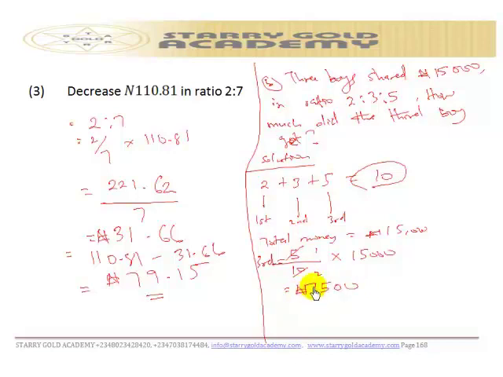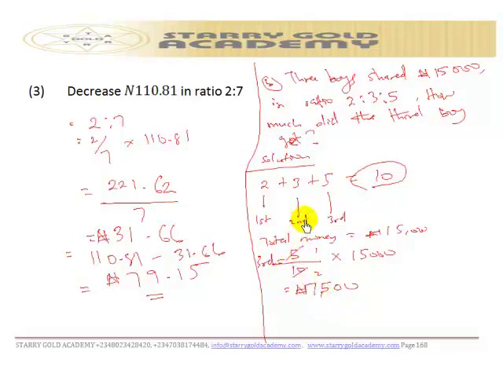So half times 15,000 is 7,500. You can confirm it from your calculator. So the third boy got 7,500 naira.